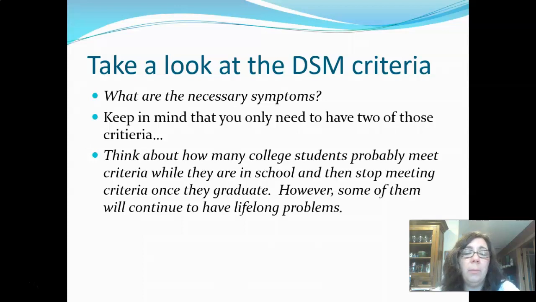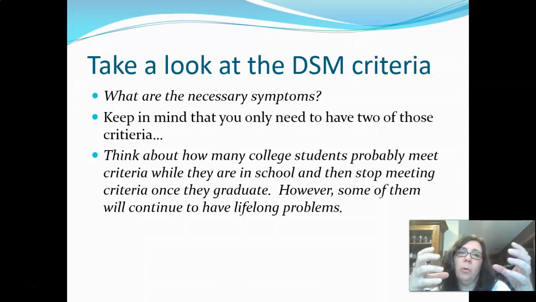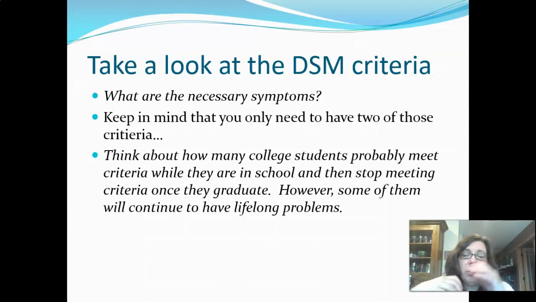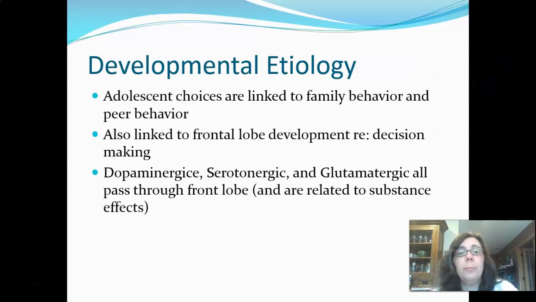And most of them, the vast majority of them, will stop meeting criteria the moment they leave their campus. The context makes it more normative to engage in what would outside of the college feel like substance use disorder criteria. However, it's important to know that once that pattern starts, for some of them, they're not going to be able to stop and they might have lifelong problems.